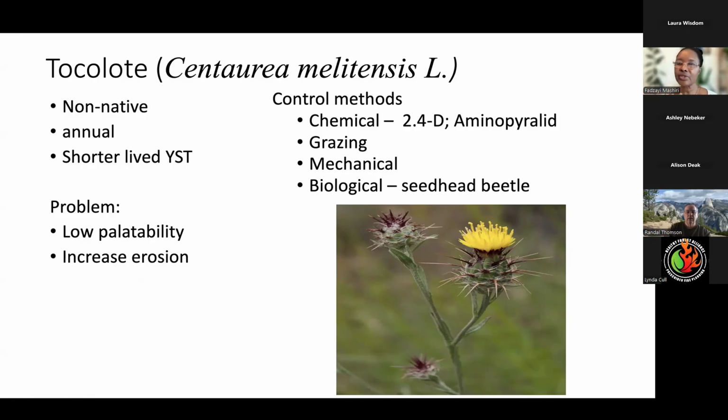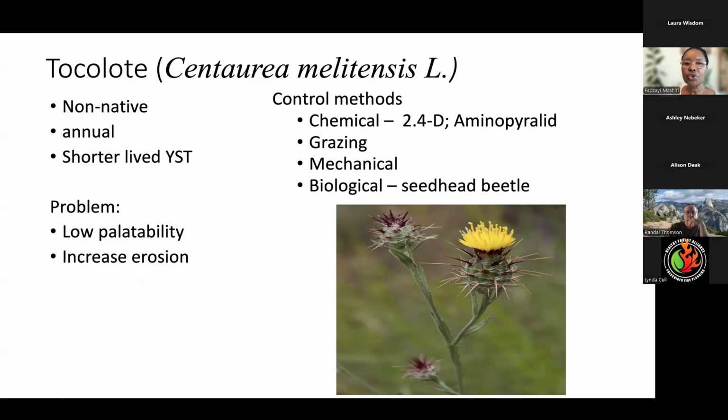A yellow star thistle can live even up to two years, but Tokolodi is an annual. So it germinates, grows, flowers, and dies in the same year. And the problem, just like a lot of weeds, is that it is low palatability, and it also increases erosion because it takes over space for other grasses that could be germinating around it.